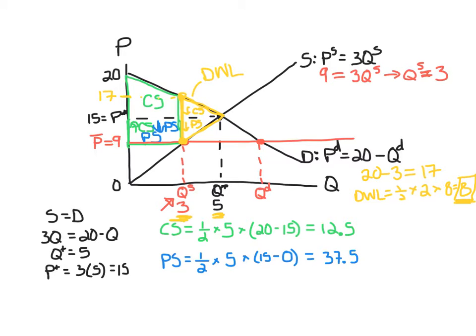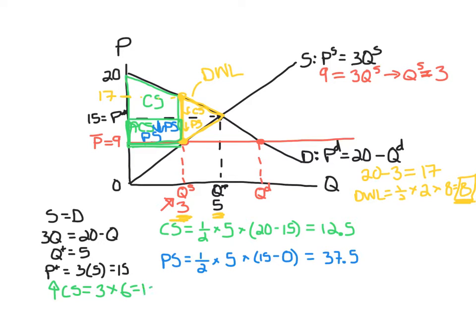So consumer surplus increased by this rectangle here. All right, so let's calculate that. So the increase in consumer surplus is equal to the area of that rectangle. So the width of the rectangle goes from 0 to 3, so that's 3. And the height goes from 15 to 9, so that's 6.